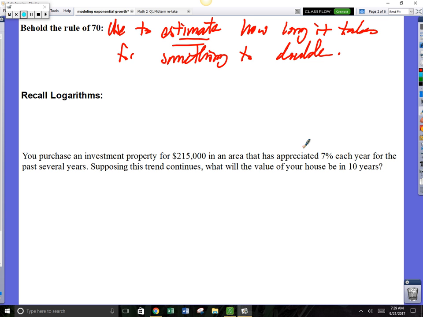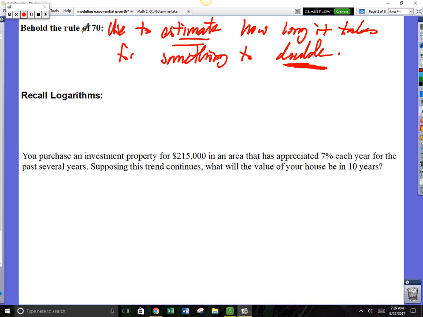So let's look at this example below. You purchase an investment property for $215,000 in an area that has appreciated 7% each year for the past several years. So you want to dump 215 grand. The market's going up, and you want to calculate how long it is going to take for you to double your money. This is only used for doubling.